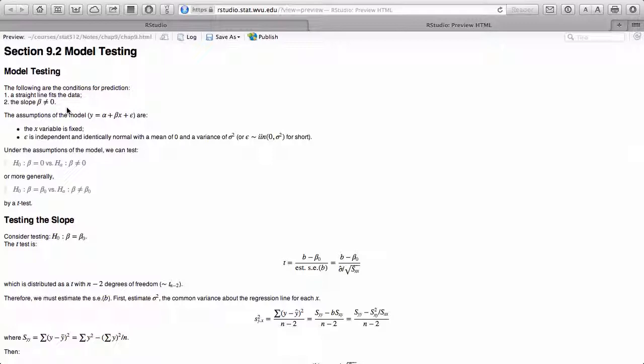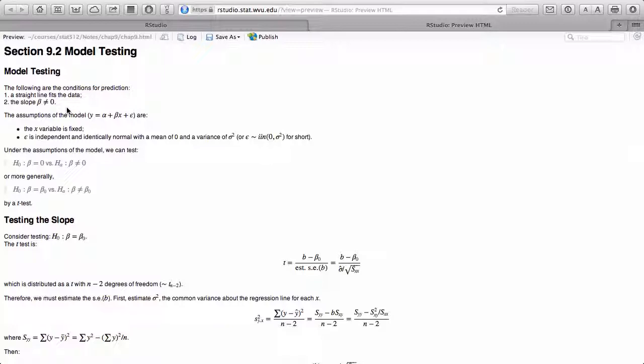So we're assuming x is fixed, and technically we can kind of get around that assumption in terms of the null hypothesis we're testing. And we're assuming that epsilon is independent and identically normal with mean of 0 and a variance of sigma squared. So I do have it down here. Now, you notice my notation over on the right. I say epsilon is distributed as, the tilde here means is distributed as, IIN.